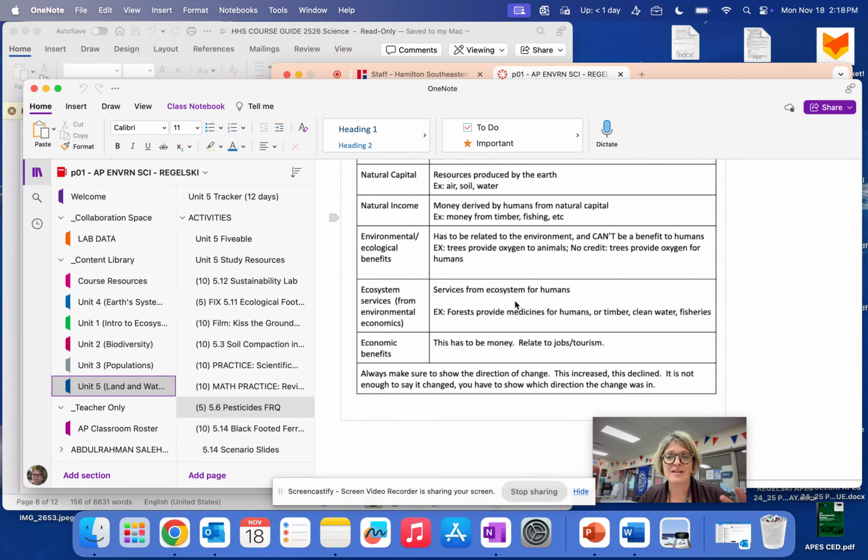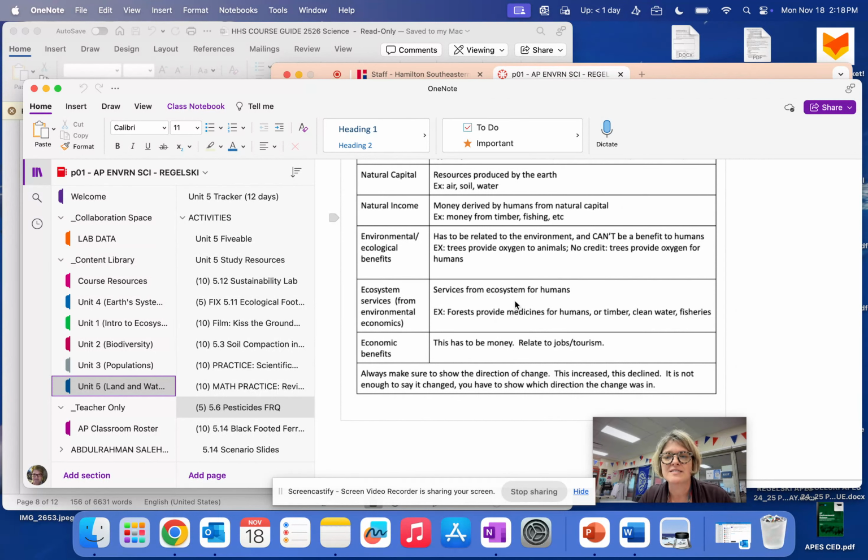This is going to be annoying probably for some of you because you're going to get frustrated because I'm not going to give you points even if you have sort of the right answer. Right now I'm giving you points even if you just sort of have the right answer. So I'm being very lenient in what I'm accepting.